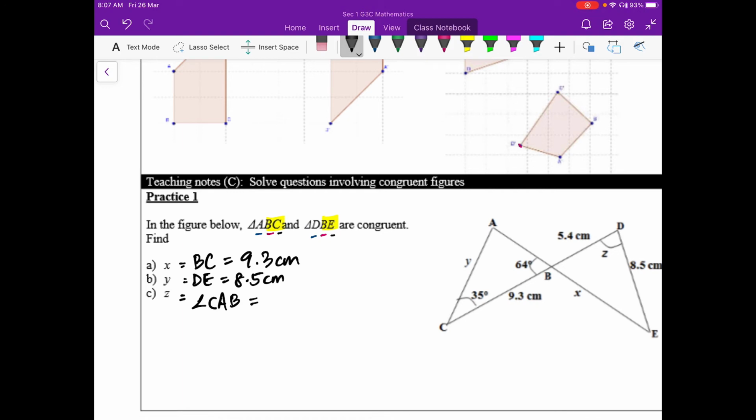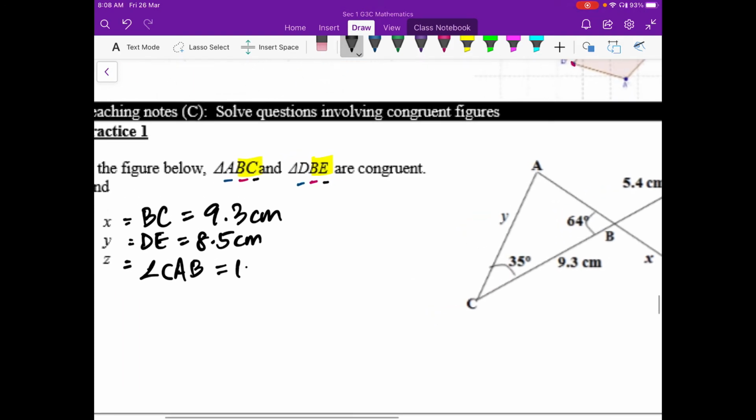So what do you do? Okay, 180 minus 64 minus 35. Do you remember to write the reason?